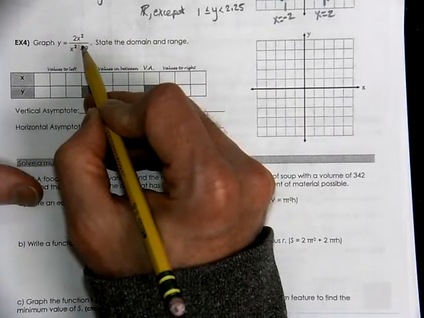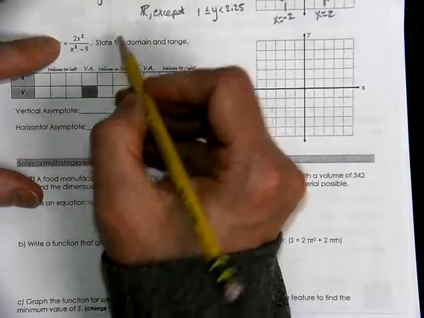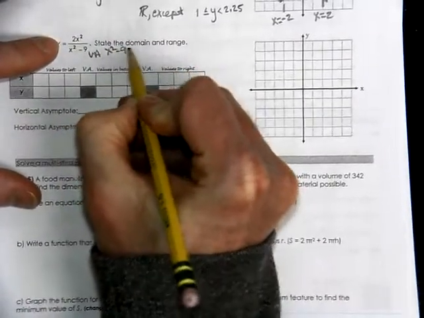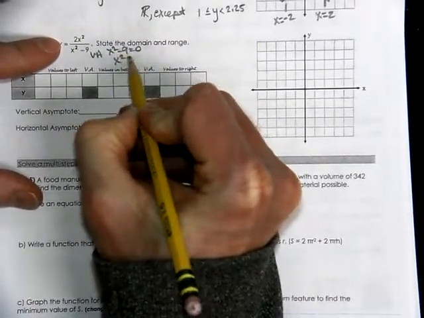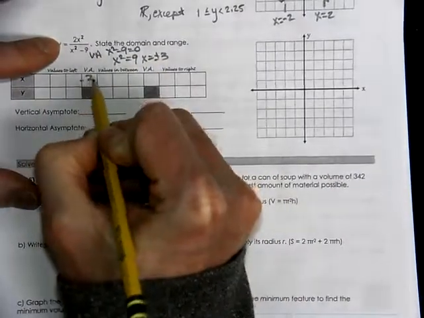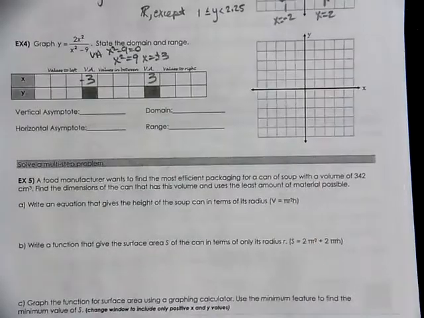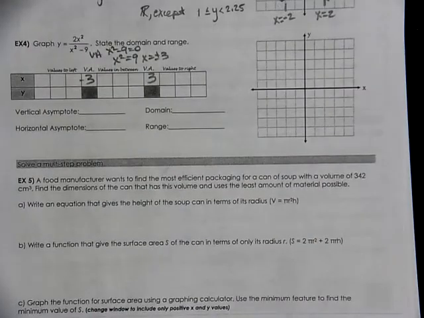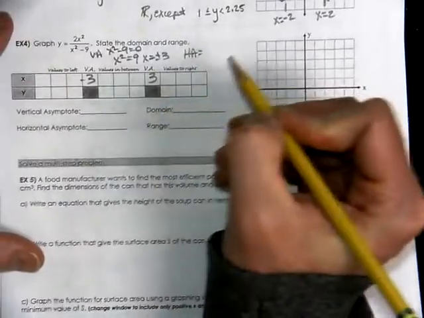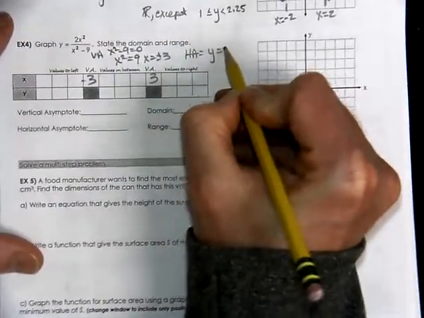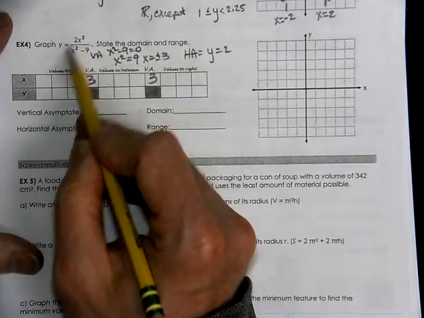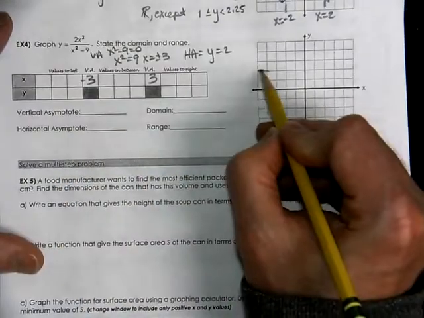Here we can look and we notice our vertical asymptote is where the denominator equals 0. So that's going to be -3 and +3. We know we have a horizontal asymptote at y equals 2 because the degrees are the same, so we use the leading coefficients.